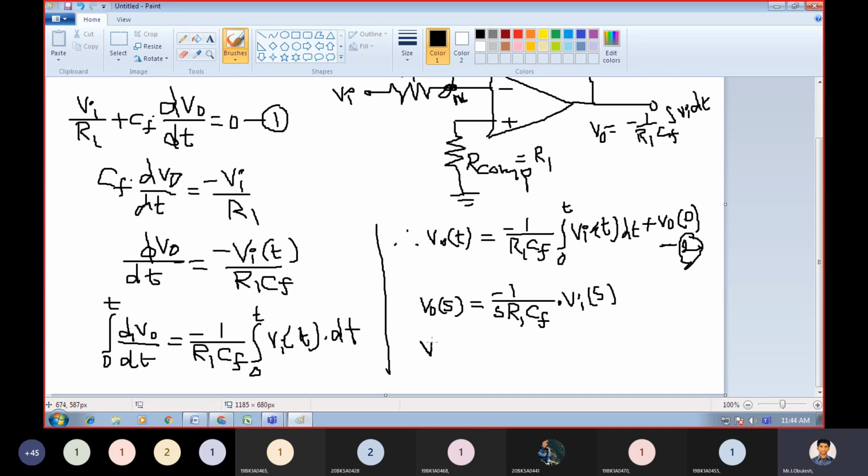Then we get V naught of j omega is equal to minus 1 by j omega R1 CF into Vi of j omega.